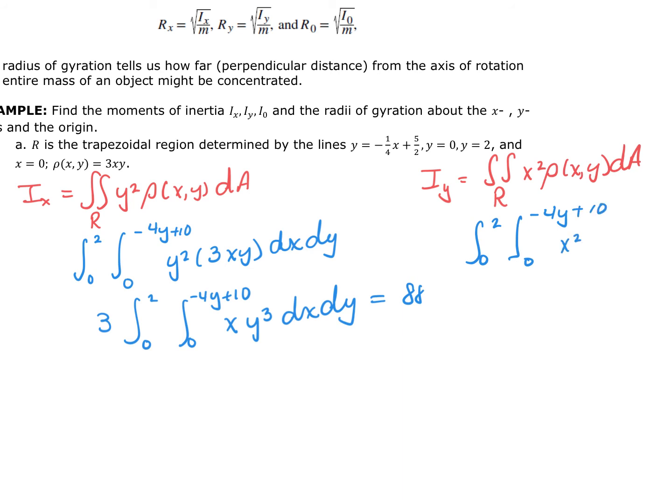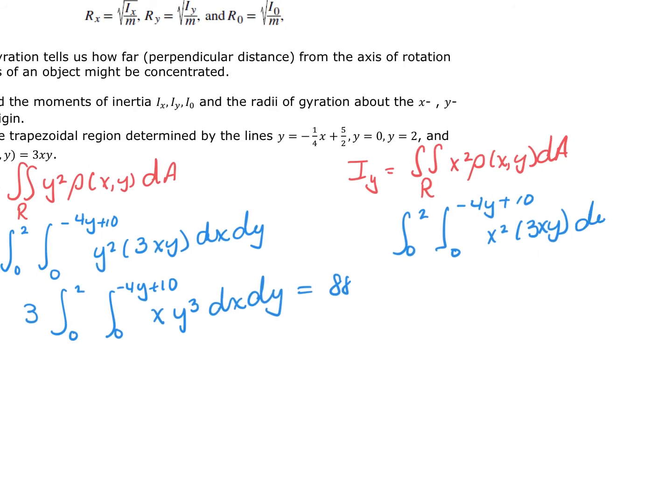Now I have x squared times 3xy dx dy, still pulling that 3 out, which becomes x to the third y dx dy. When I get done with this, I end up with 1560.